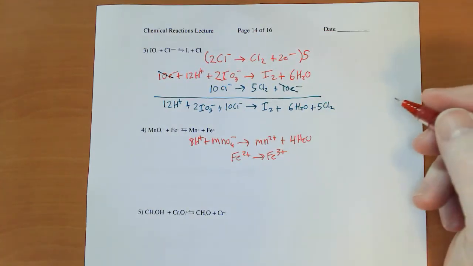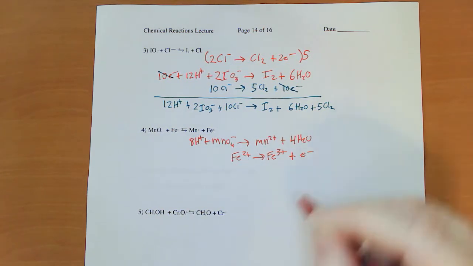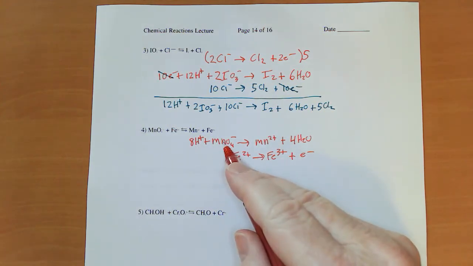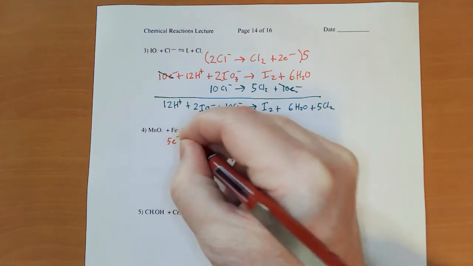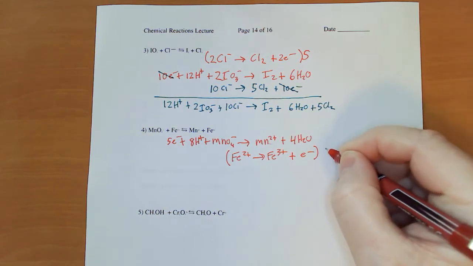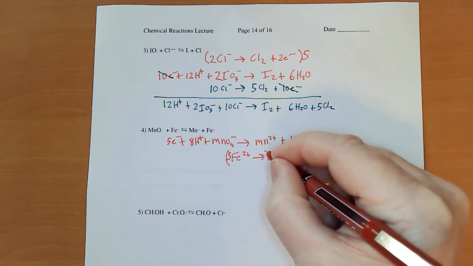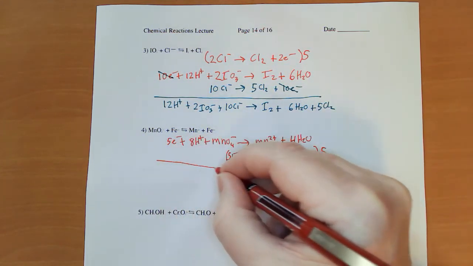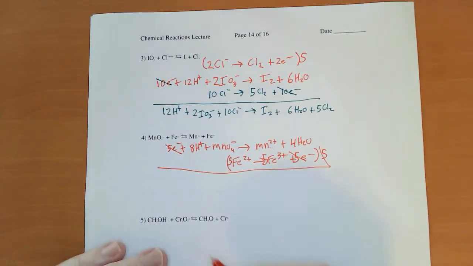Now we're off to electrons. If a 2 plus is turning into a 3 plus, that means it lost an electron. 8 plus and 1 minus is 7 plus, going down to 2 plus. That's 5 electrons. So I'm going to need to multiply this by 5, which means I put a 5 and a 5 there, and the 5 electrons will cancel the 5 electrons.